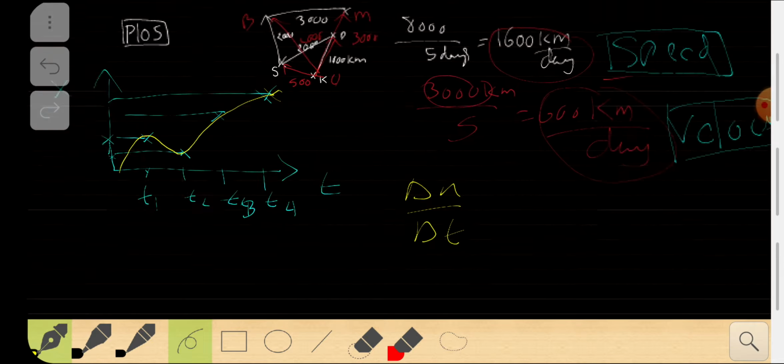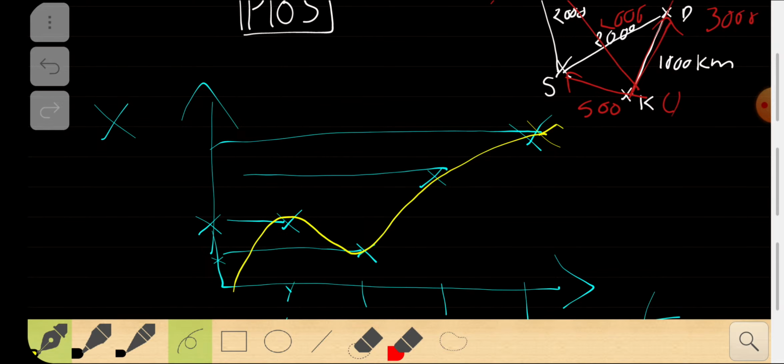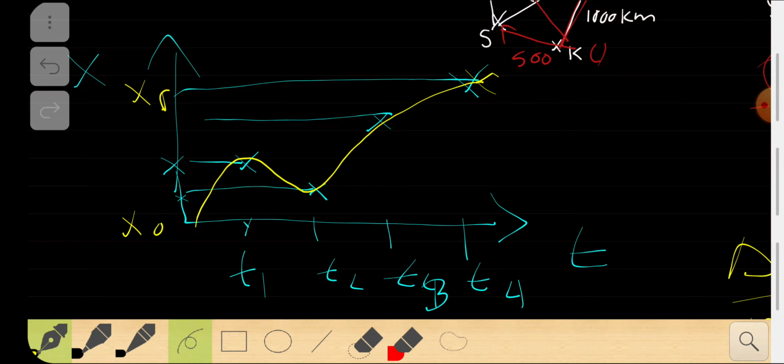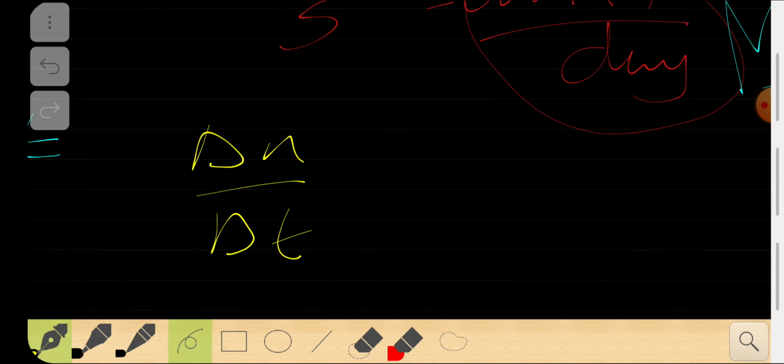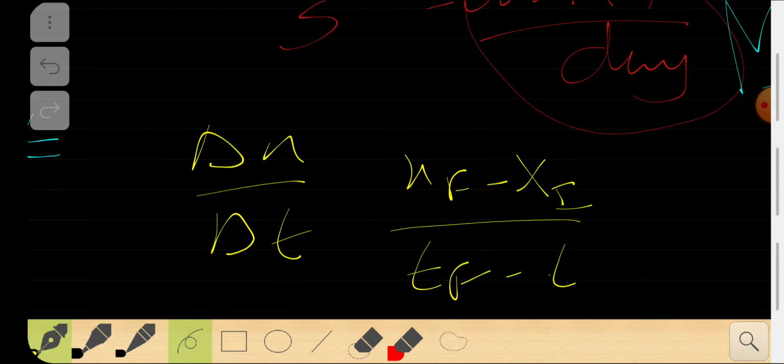So if you look at the velocity of this plot, it will be from x0 at t0 to x final at t final. So velocity is just x final minus x initial divided by t final minus t initial, right?